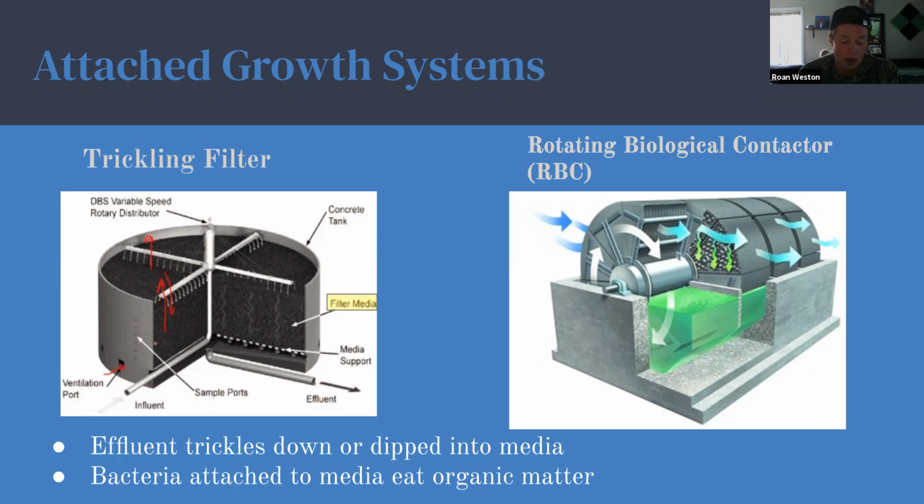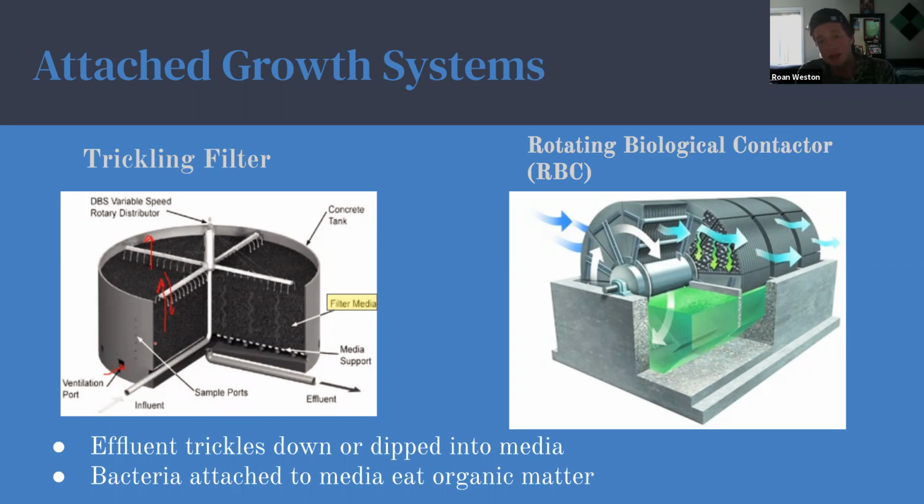The microorganisms grow on the substrate inside of these tanks, and the effluent is then allowed to drip through the medium in the tank. Similar to the activated sludge process, the microorganisms are just going to eat up all of the organic matter inside of the wastewater.